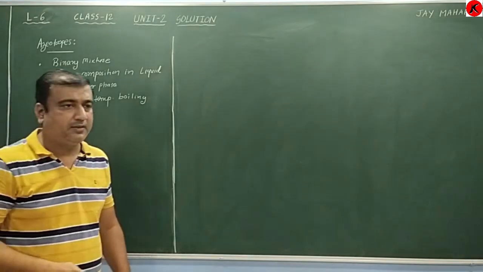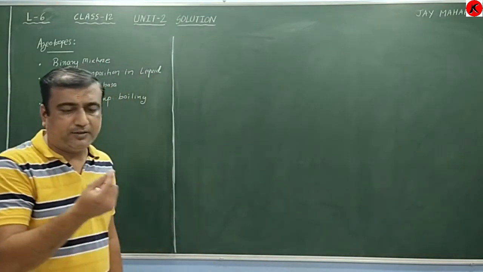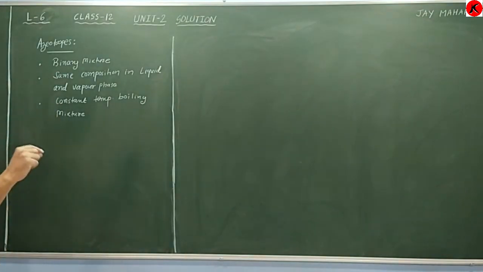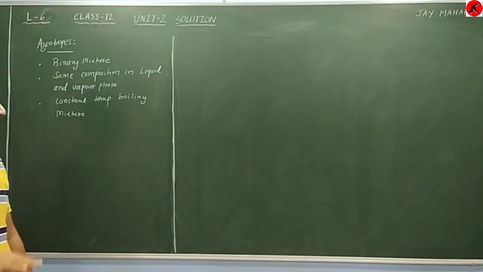The boiling point becomes constant at a particular temperature. So this type of mixture is known as an azeotrope.